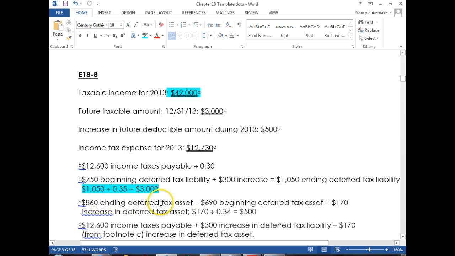So the $860 minus the $690 beginning deferred tax asset means we increased it by $170, right? That increase of $170 divided by 34%. Why did we use 34%?